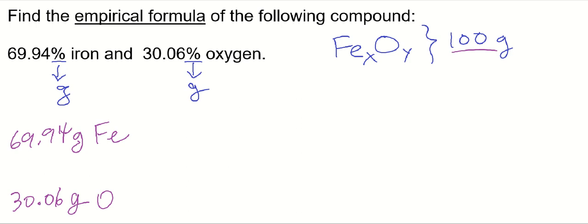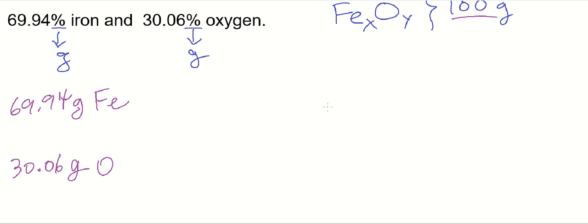The reason we do this is because at some point we want to get the mole ratios between the two to get the formula. To get moles, it's easy when you have grams because you just use the molar mass information. So we turn the percentages into grams so we can get moles.